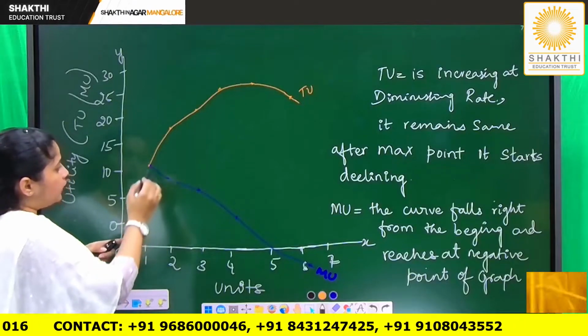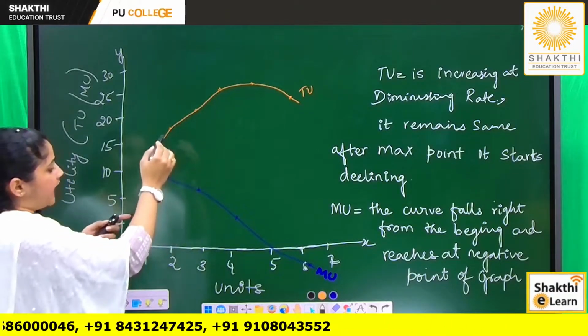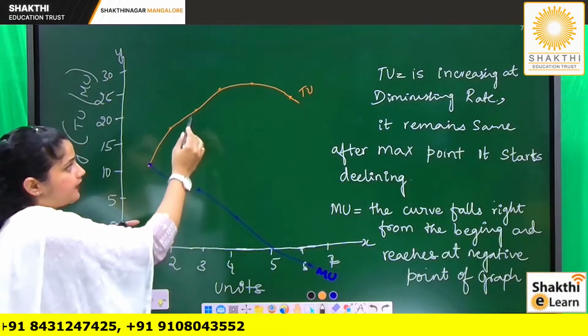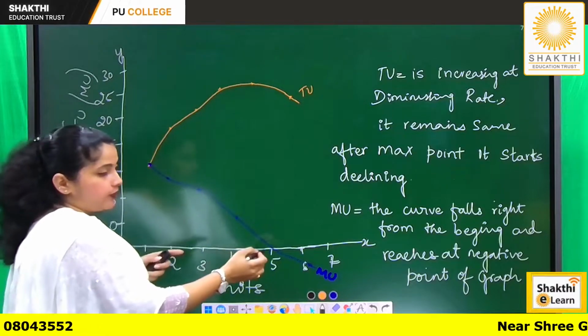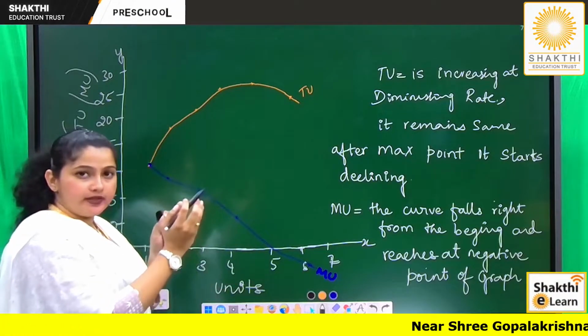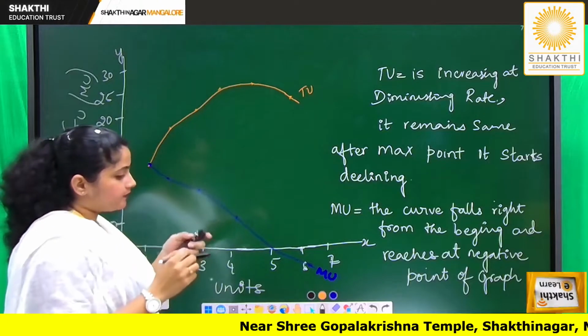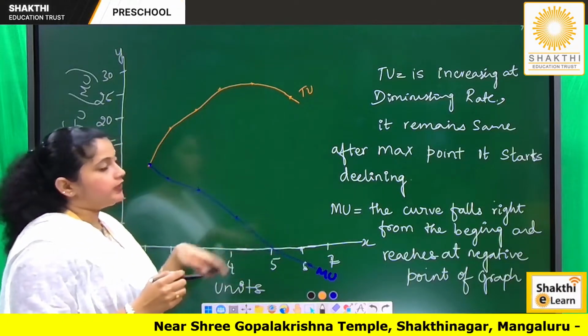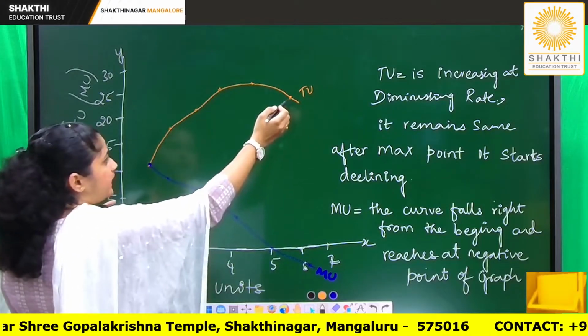So for 1 you have marked 12, for 2 you have marked 18, for 3 you have marked 22, for 4 you have marked 24. For the 5th unit you are going to get the same, that is 24, so you have marked 24 once again. And for the 6th unit the number is 22, so you have marked 22 over here.